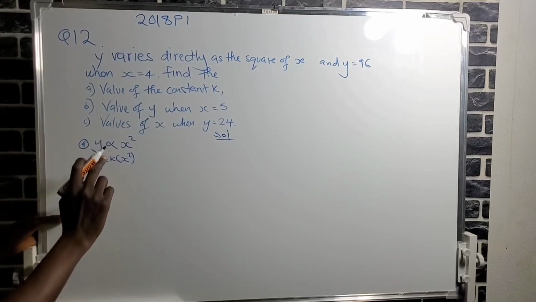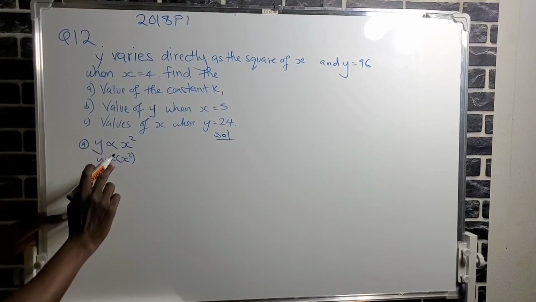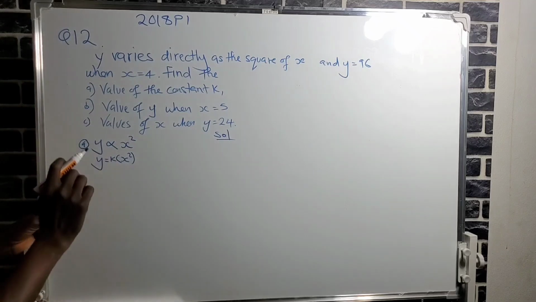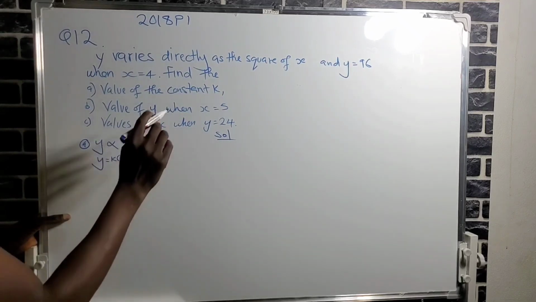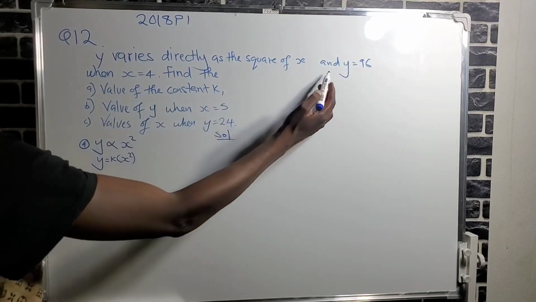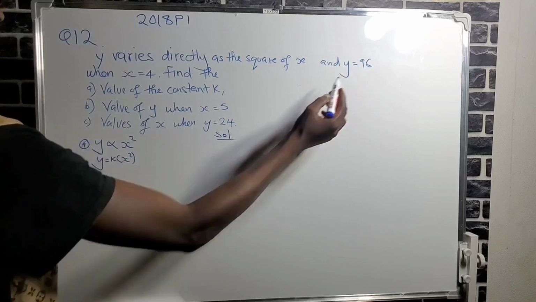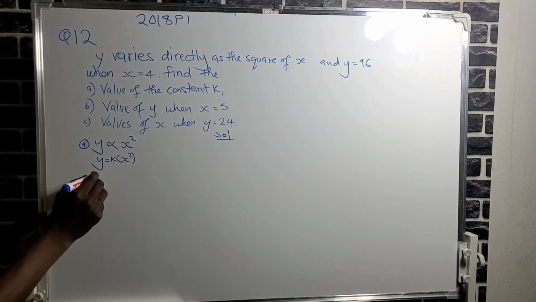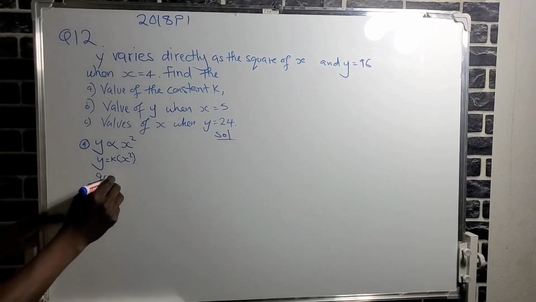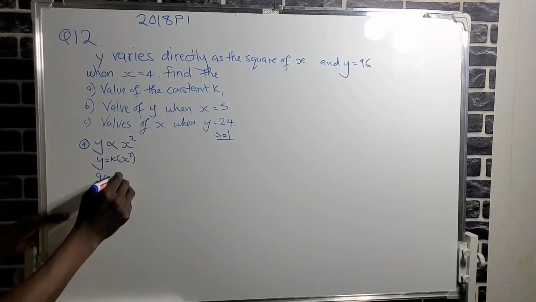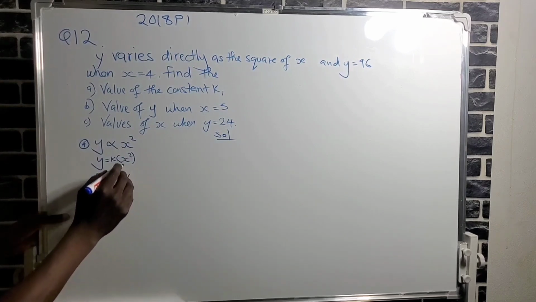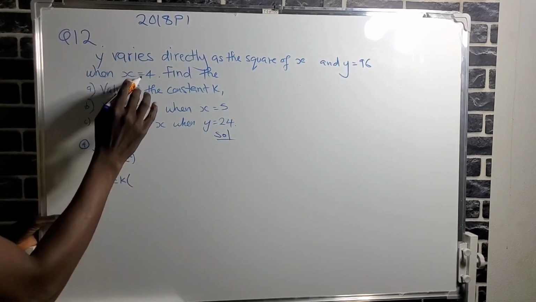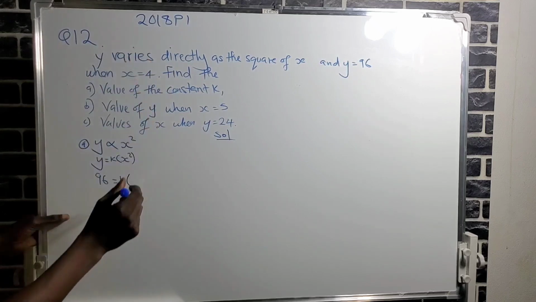Now they have asked us to find the value of k. We're going to find it. So we're going back into the original statement, where y is 96. We're going to substitute 96 here with y. Then k, open bracket, x here is 4 in the original statement.